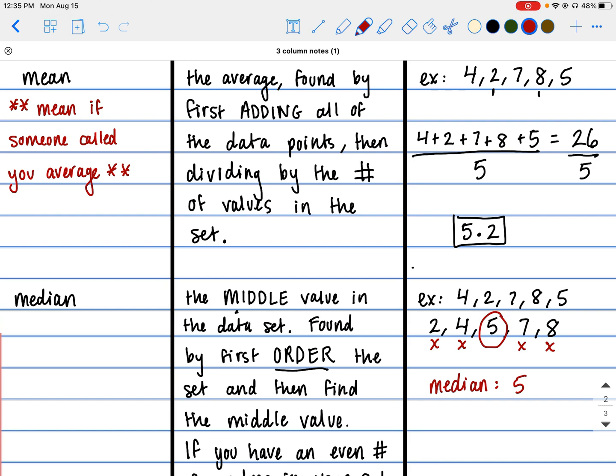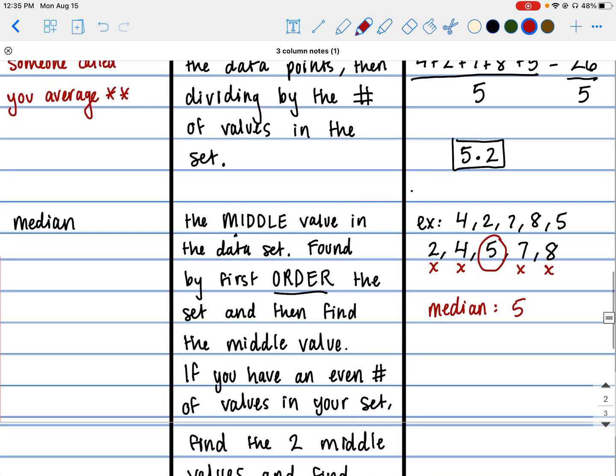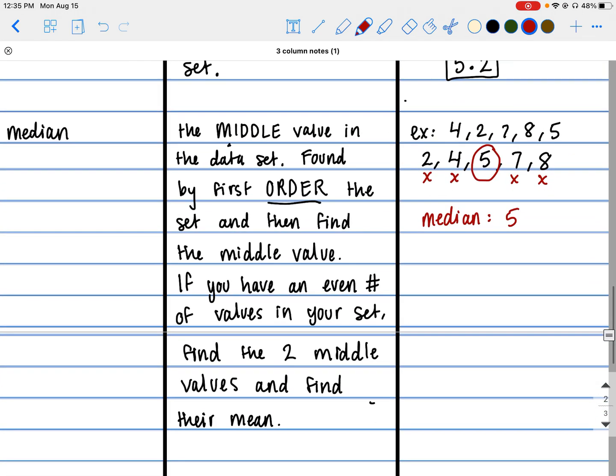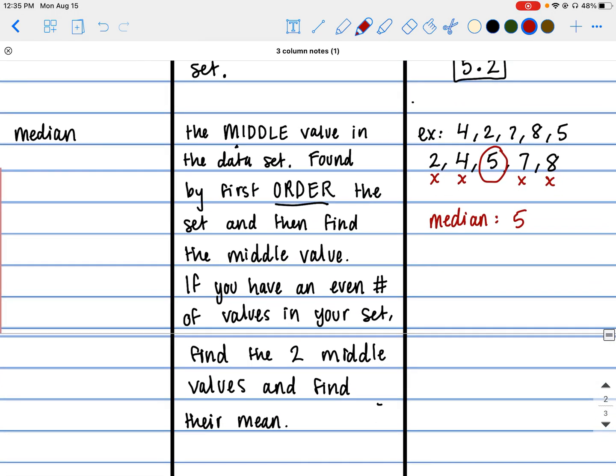But let me give you another example. Let's say I added another 2 in that set. I want to show you how it would change if there was an even number in the set. So let's say I'm going to have the same numbers, 4, 2, 7, 8, 5, but I'm going to add another 2. So now, once again, we still have to start by ordering them. So I'm going to go 2, 2, 4, 5, 7, 8.